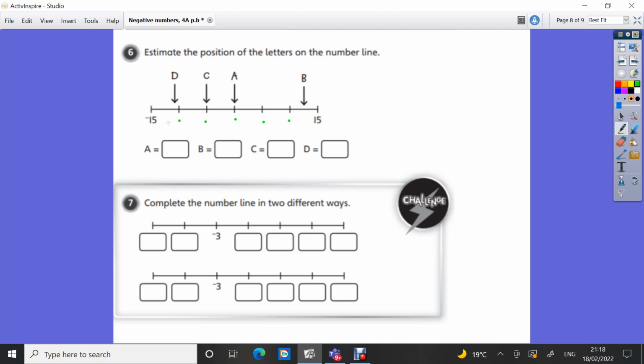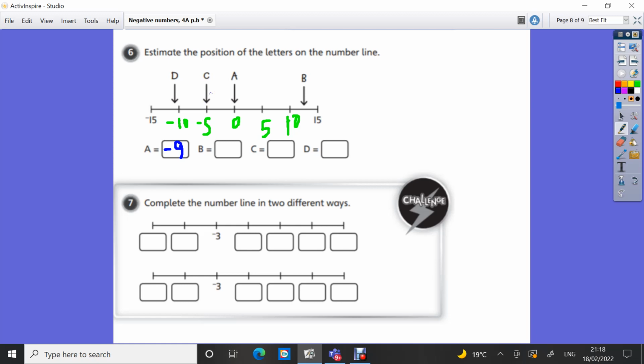Yes, I will write here -10, -5, and then 0, and then +5, +10, and +15. So we can just estimate where the arrow D is pointing. I think this would be maybe -9. Let's say this is -9.